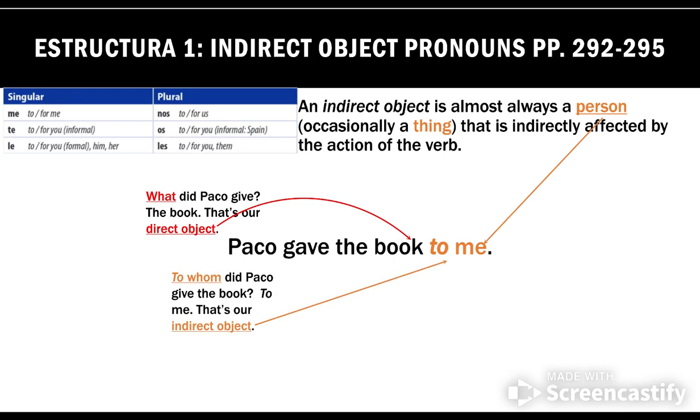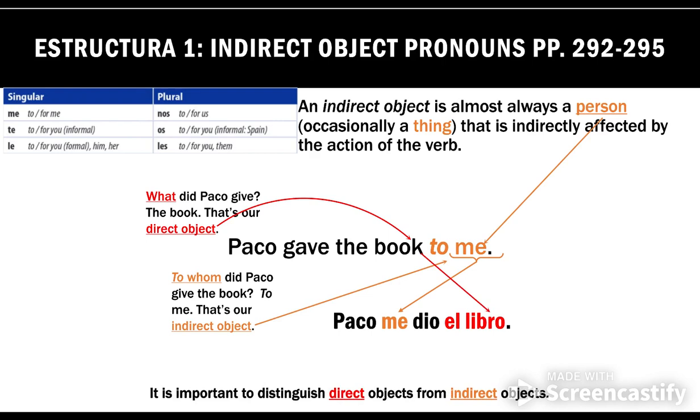Now let's see how we can say this in Spanish. Paco, me, that means to me. Dio, he gave. El libro. Paco me dio el libro.